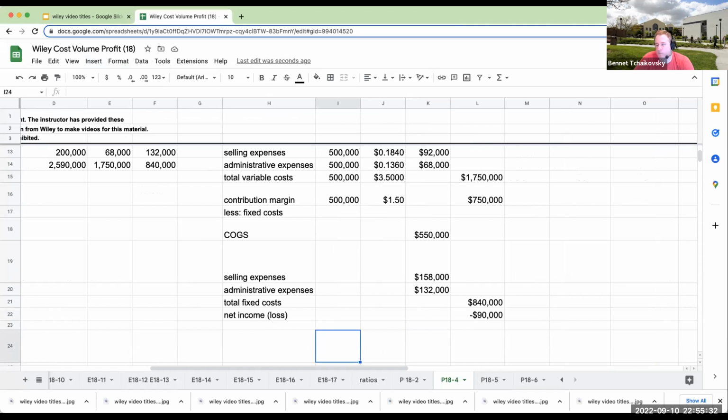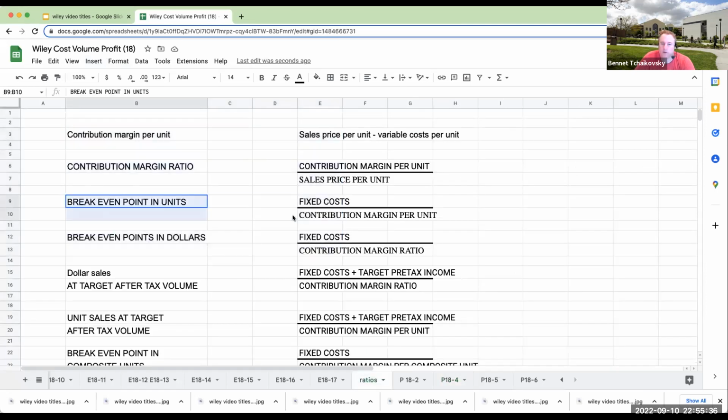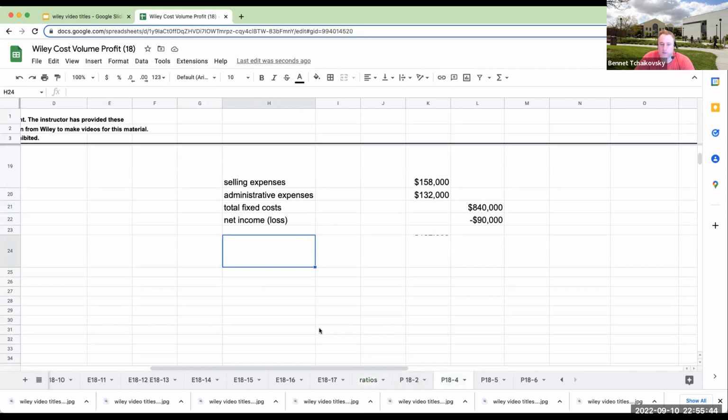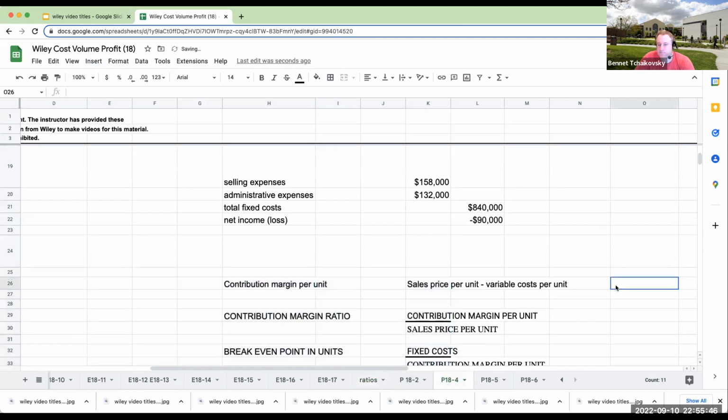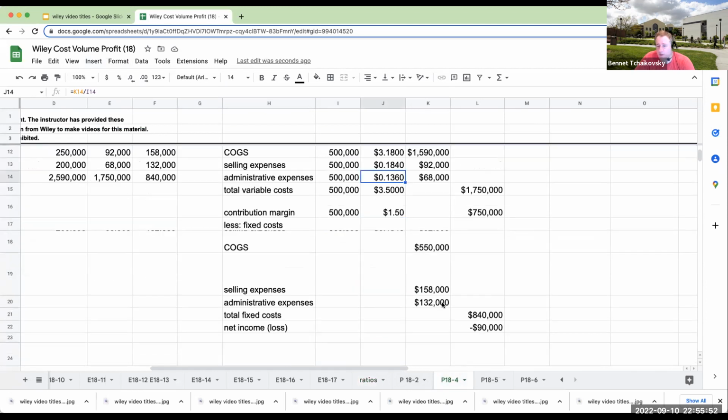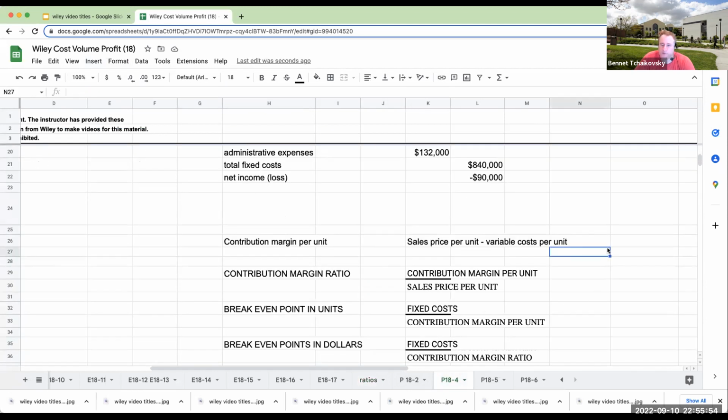To figure that out, I have my ratios: the break-even point in units, and then the break-even point in terms of sales dollars. So let's take a look. My contribution margin per unit, sales price per unit minus my variable costs, is $1.50.